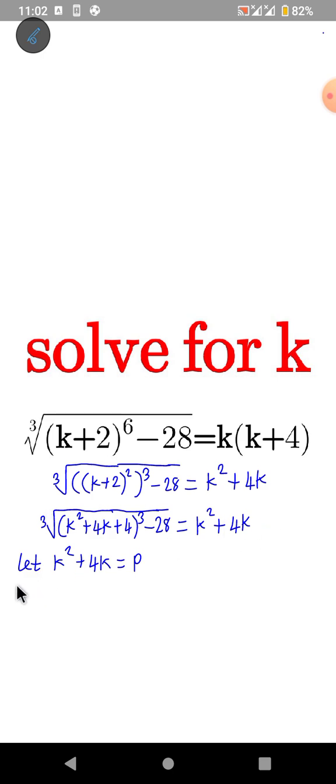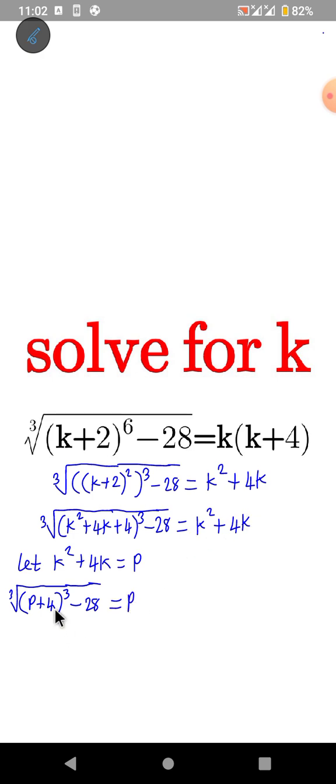We'll say the cube root of, open my bracket, now k square plus 4k is p, so we'll say p plus 4, close my bracket, and all raised to the power of 3 minus 28, then equal to k square plus 4k, that's also p again.